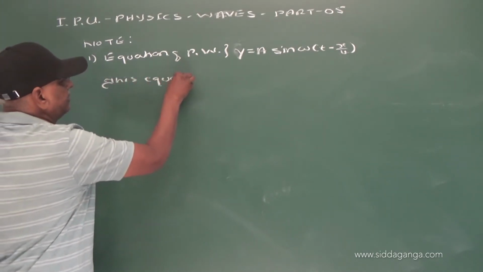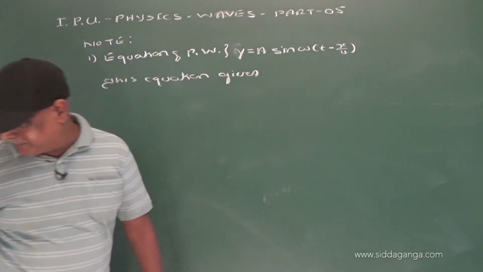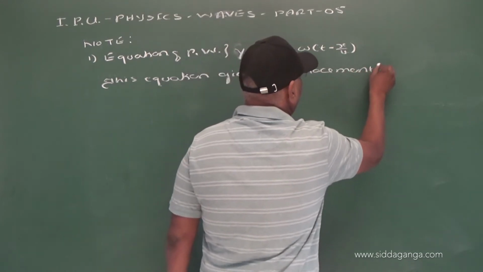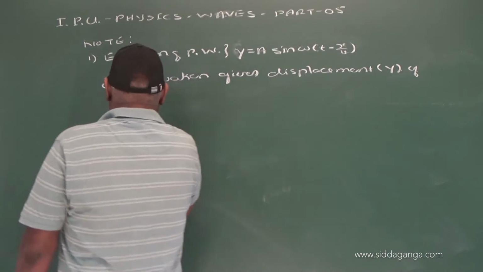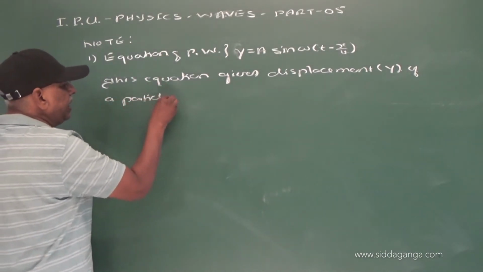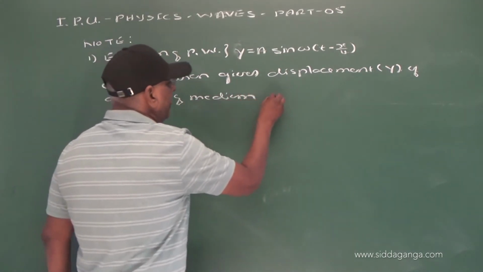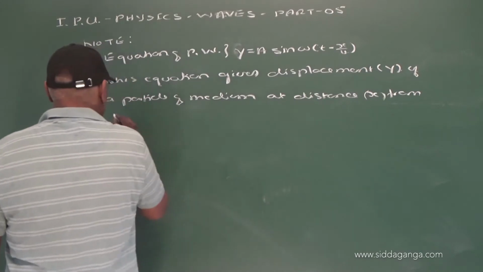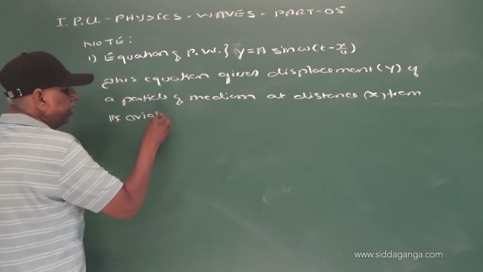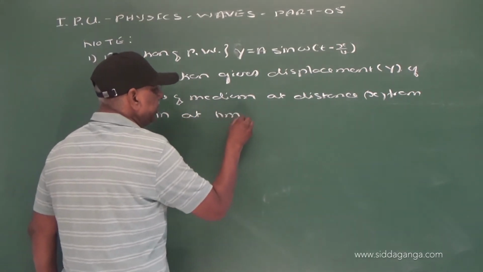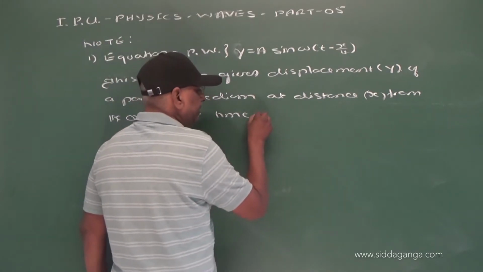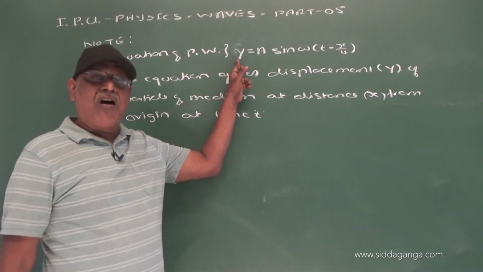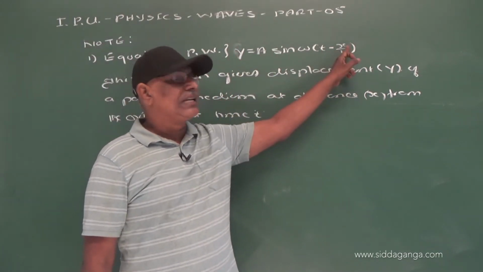Remember, this equation gives the displacement y of a particle of the medium at distance x from the origin at time t. So this is a function of y, x and t.